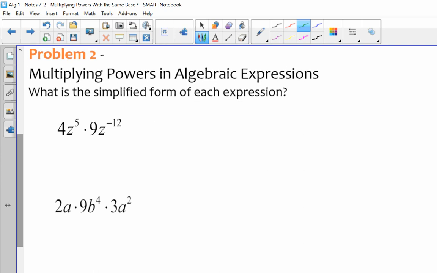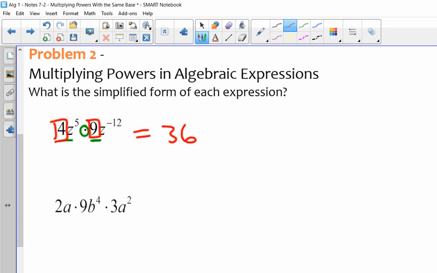Okay, so a little bit different here. Let's talk about this for a second. My base is really 4z and 9z. Technically that's the same, especially since I'm multiplying here, okay? So I still want to multiply the 4 and the 9, just like regular old numbers, because that's what the operation is, it's multiplication. I get 36.